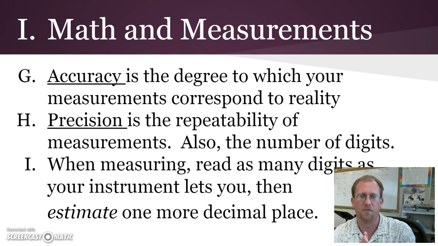You're off by a little bit. But if you were to say I weighed 100 kilograms and in truth I weighed 120, oh gee, I hope not, kilograms, 120 kilograms versus 100 kilograms, that's off by a lot. Your accuracy is poor. So accuracy is the degree to which your measurement corresponds to reality, okay?